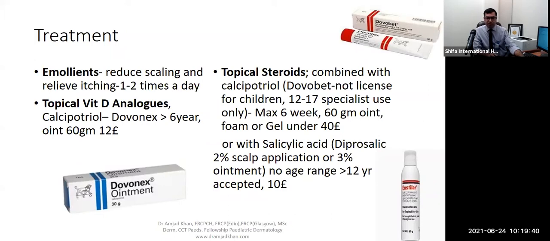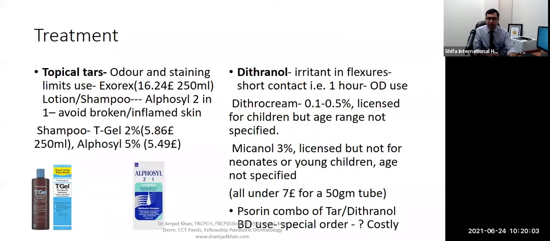And if you need to, then you can consider using them appropriately. Enstilar foam, it's sort of the same combination as Dovobet, but the efficacy is far better. It was hugely expensive in the UK, but I hope there is an alternative product available here in Pakistan for the betterment of our patients.